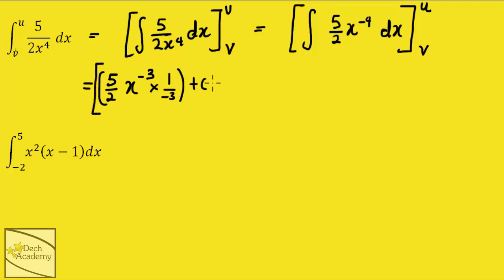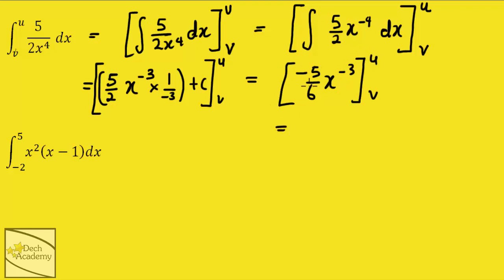Then all of this goes in square brackets with the limits outside, and I can write this as minus 5 over 6 x to the minus 3. And then all you have to do is substitute the upper limit first. So replace x with the constant u, and that gives minus 5 over 6 u to the minus 3.